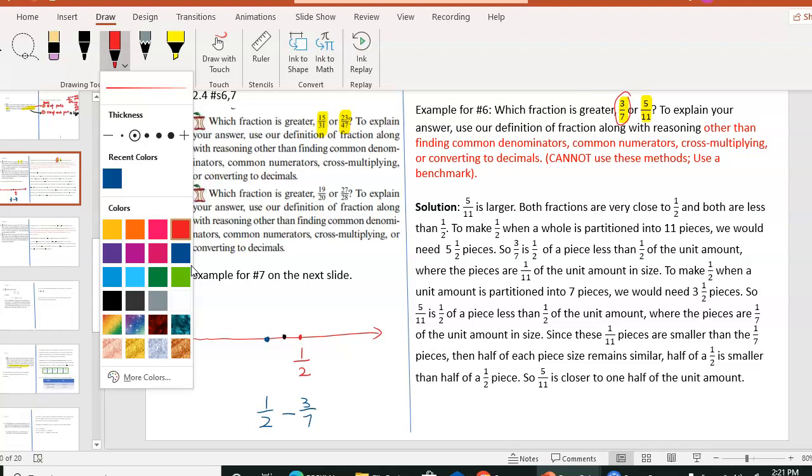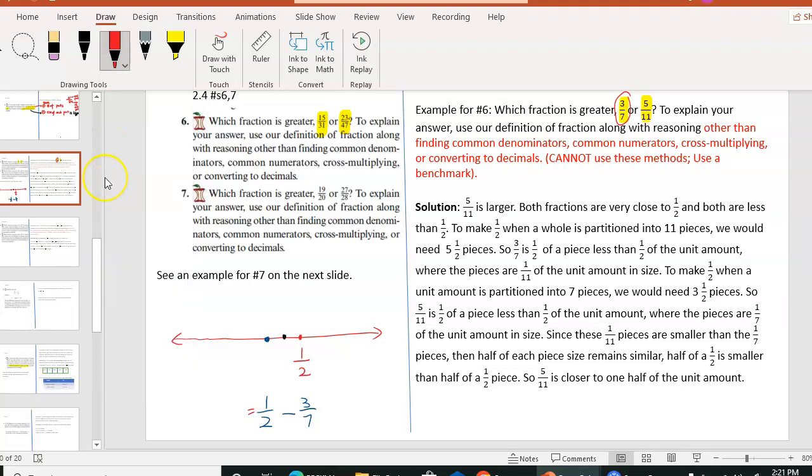We just need to know which number is closer to 1/2. So I could change this 2 to a 7. Maybe I should write it separately. So I'm going to change that denominator from 2 to a 7. And in order to keep the equivalence, remember the top number is half of the bottom, 1 is half of 2.